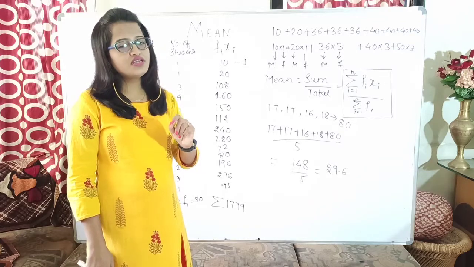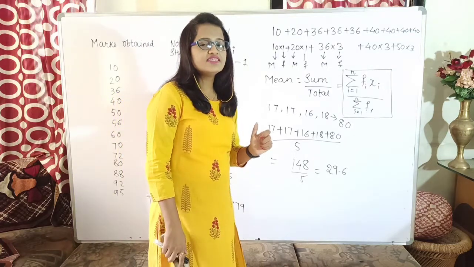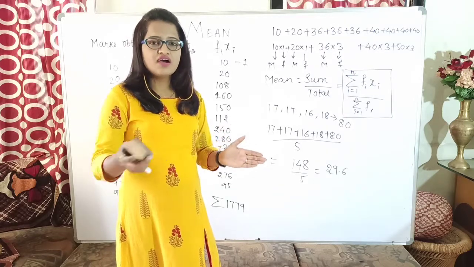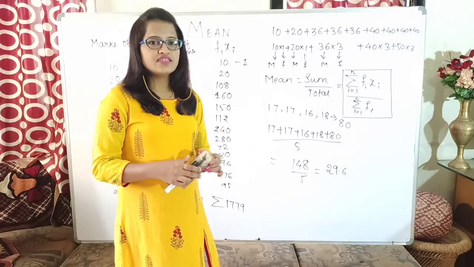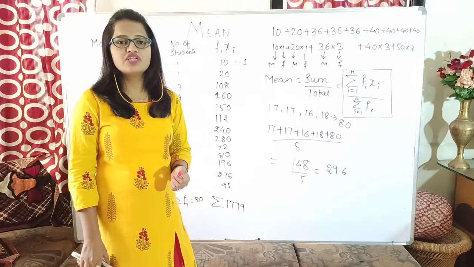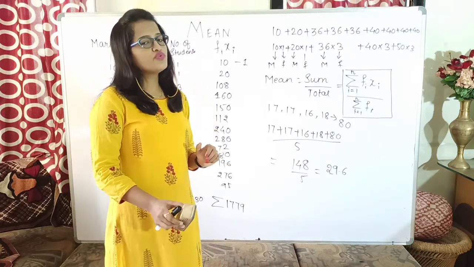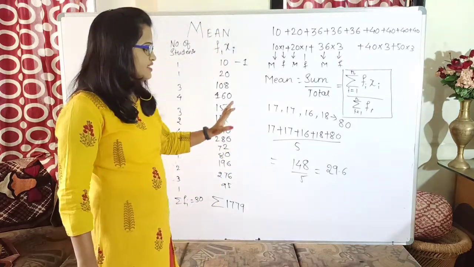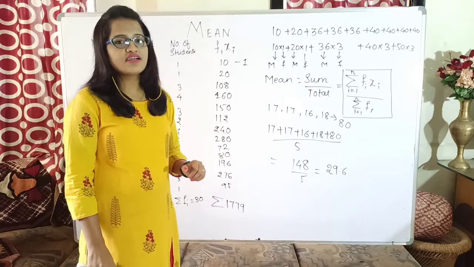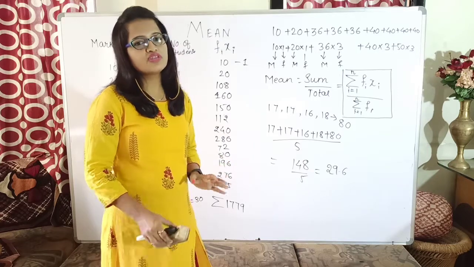So that becomes the limitation of an average: if the highest and lowest values are far above or far below all the other values of the observation, then the average will get affected and it will not tell you the exact value. Okay, so for this we will be looking at the other central tendencies, but that is the limitation. You have to remember that the mean value of the data gets affected if the highest value and the lowest value are far beyond the rest.